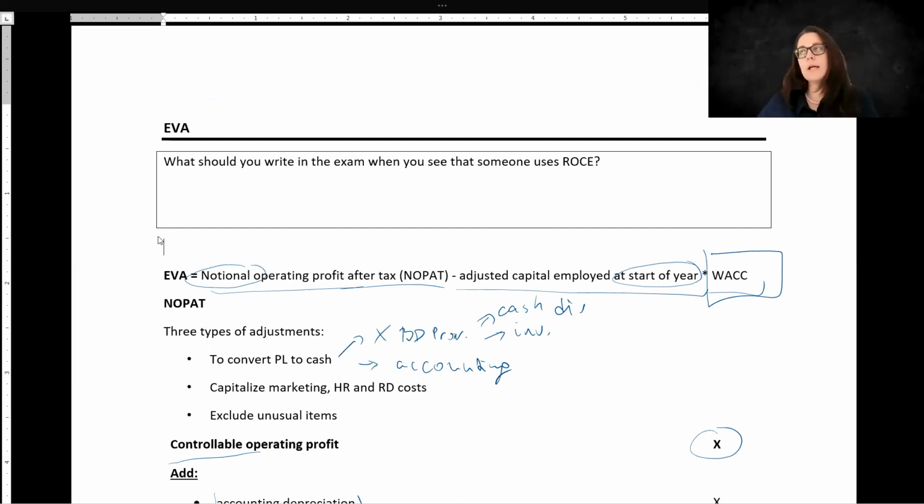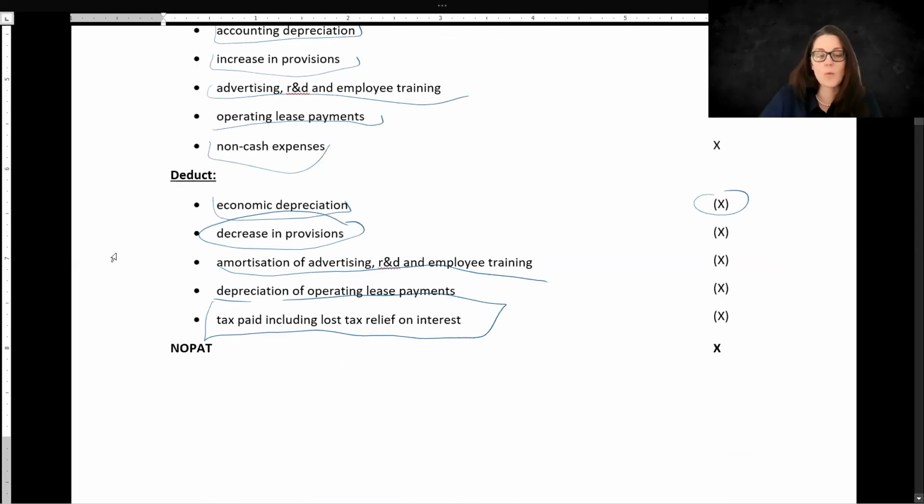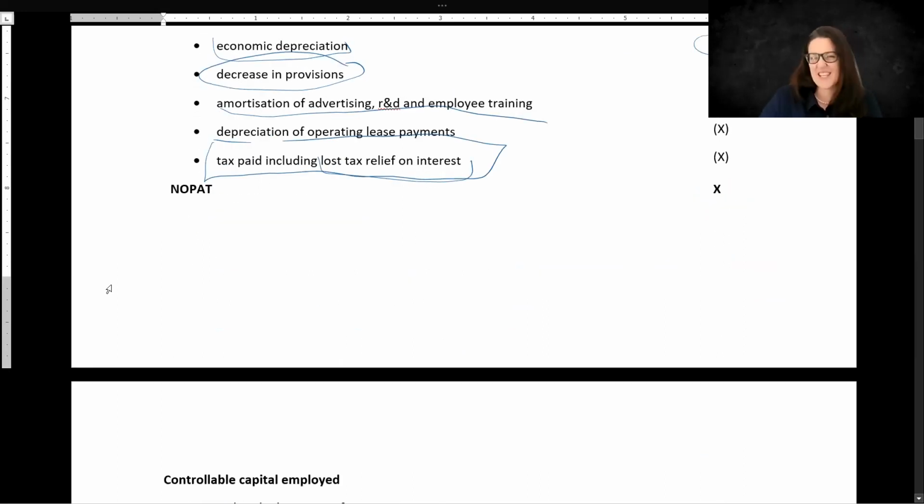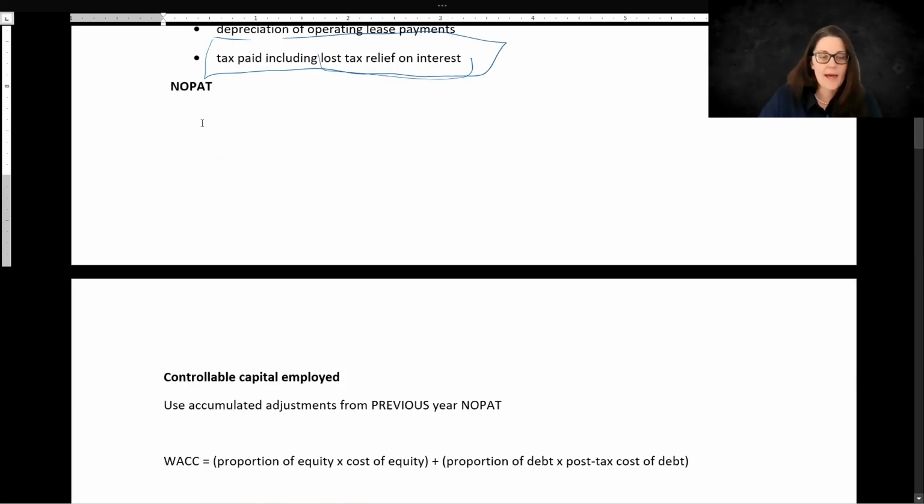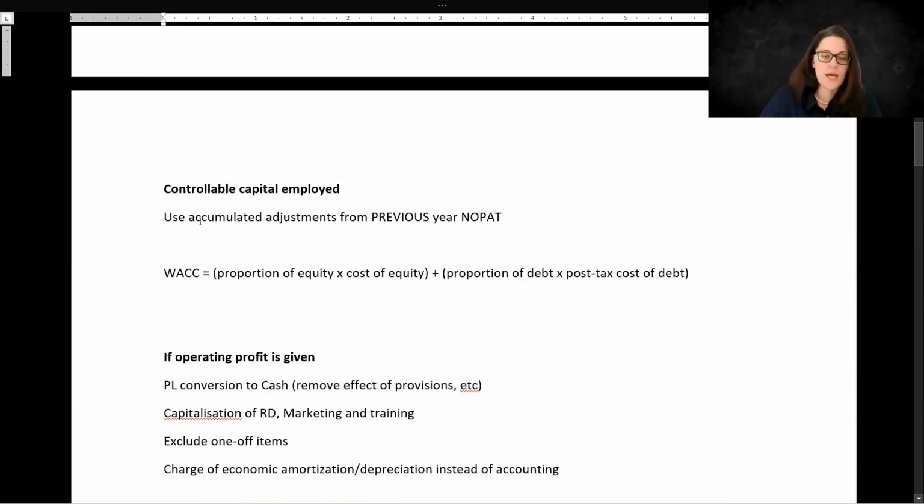So we will take this tax relief there, and we do not want to account for this tax relief both in our notional operating profit and in the weighted average cost of capital. As such, we need to take away this tax relief on interest in this example. And that is going to be tricky. And then that gives us notional operating profit after tax.